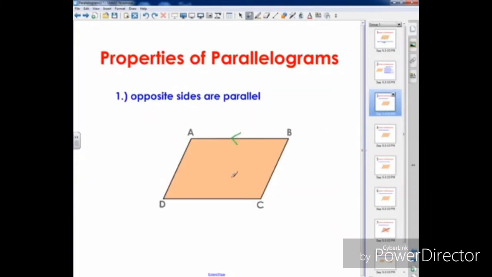So AB is parallel to DC and AD is parallel to BC. So opposite sides are parallel. Next, property number 2, opposite sides are congruent, where congruent means equal. Segment AB is congruent to segment DC and segment AD is congruent to segment BC.